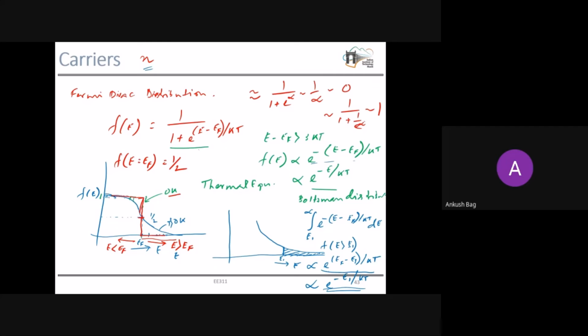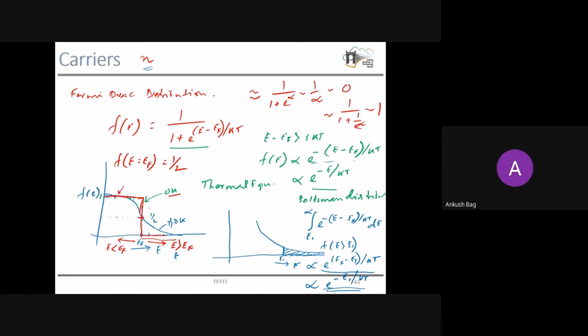So when we try to find an electron with energy E less than EF at 0 Kelvin, the probability is exactly 1. So we will get the electron. That is the dependence at 0 Kelvin.